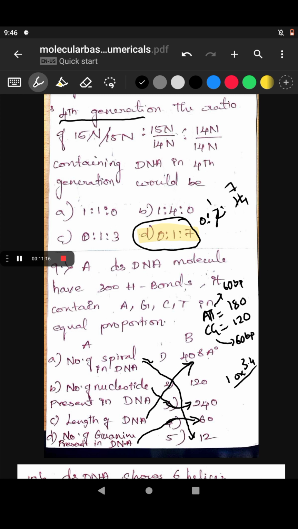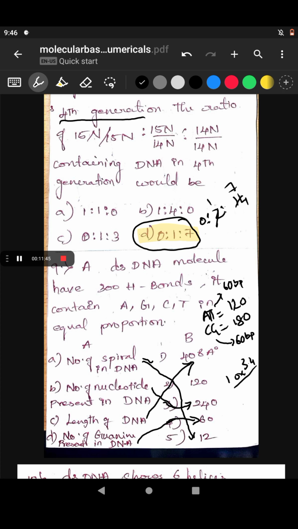Between cytosine and guanine, it is 180. So in total we get 300 hydrogen bonds, of which 120 are between adenine and thymine and 180 are between cytosine and guanine. This is what we have to remember.